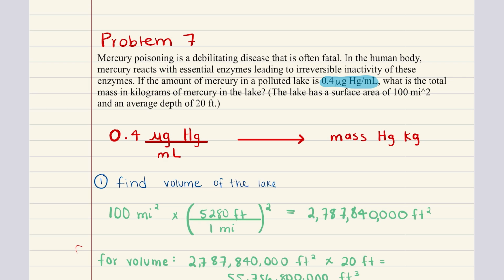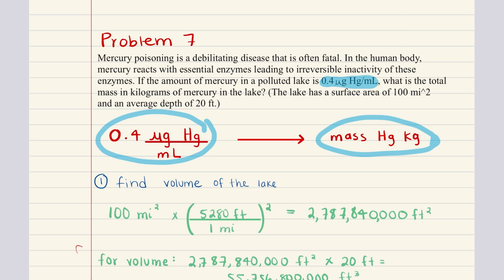Okay, so what are we given to start off? 0.4 micrograms of mercury per milliliter. What do we want? Mass of mercury in kilograms. So something you're noticing here is that the units for mass are being converted from micrograms to kilograms. This milliliter quantity, this volume quantity, has disappeared.